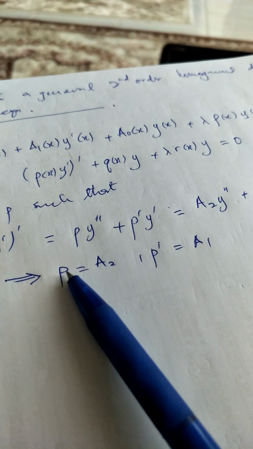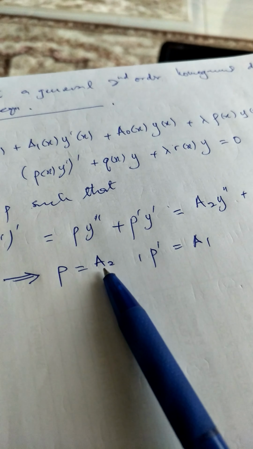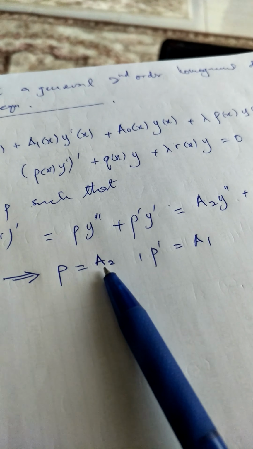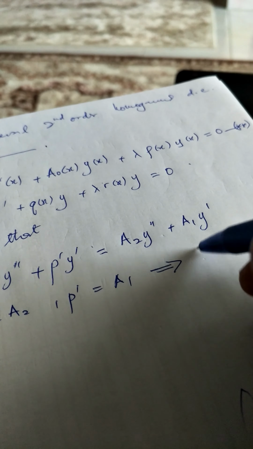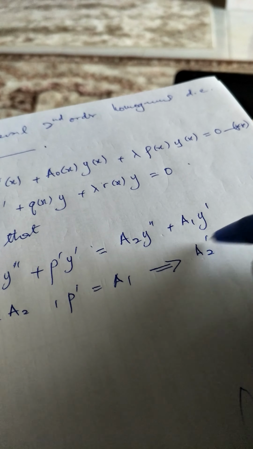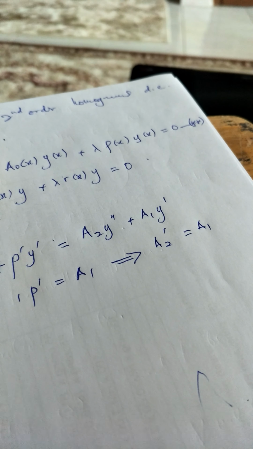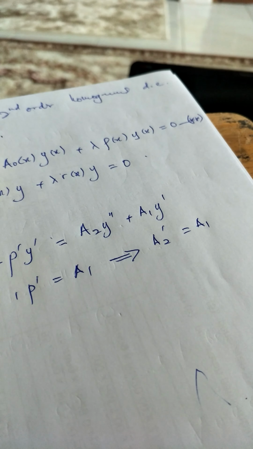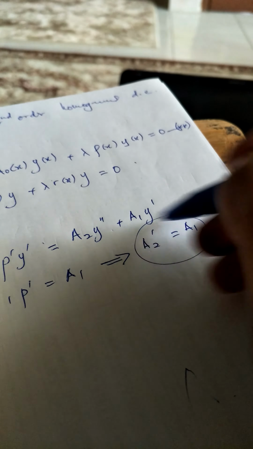So if I differentiate this, I get p' equal to a2' and p' equal to a1. Which means from here we have a2' equal to a1. Alright, this is not always the case. In general, this is not always true.